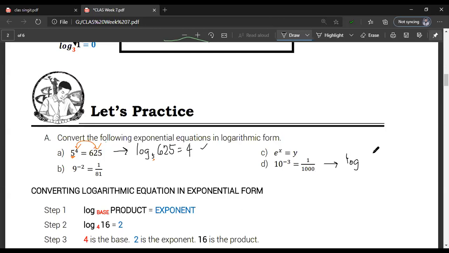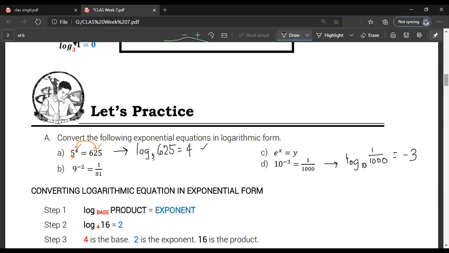Sir, log of 1 over 1,000 to the base 10 equals? Negative 3. Okay, negative 3. So this is correct. This is how we rewrite exponential equation in logarithmic form. The rest is bahala na kayo.